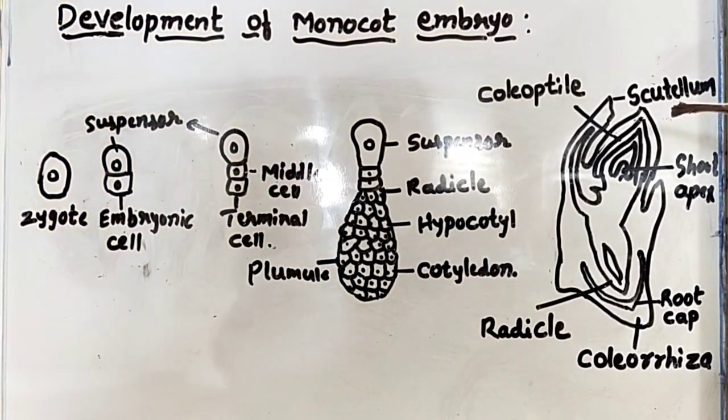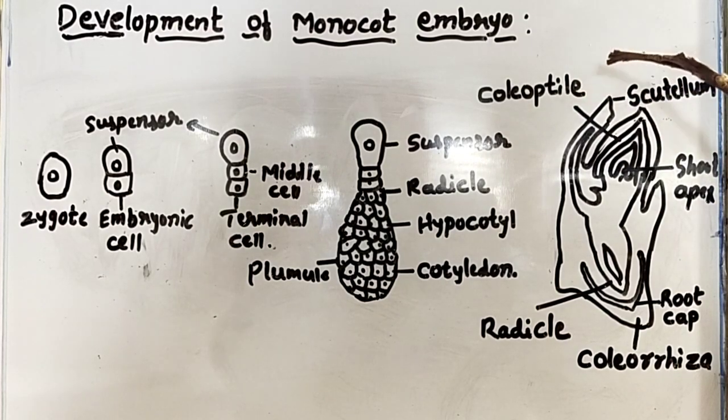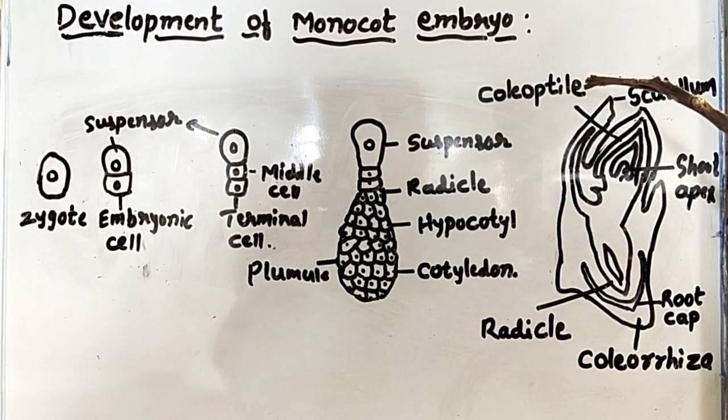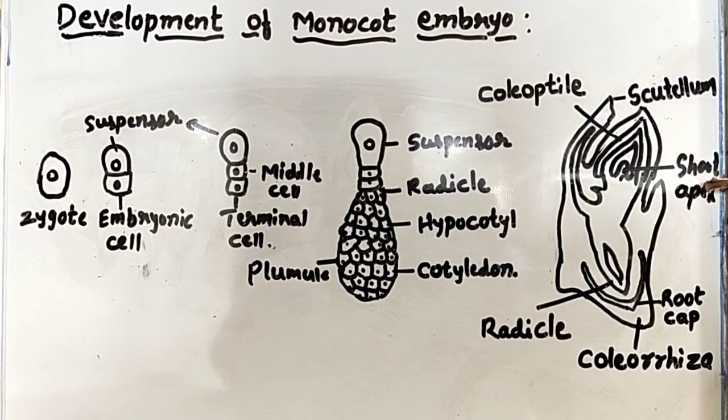The next one you are seeing is the coleoptile. What is this coleoptile? It is a covering, and it covers the shoot apex.